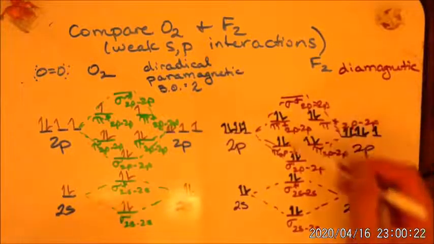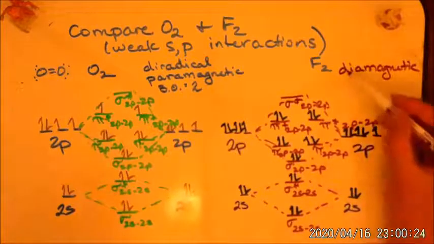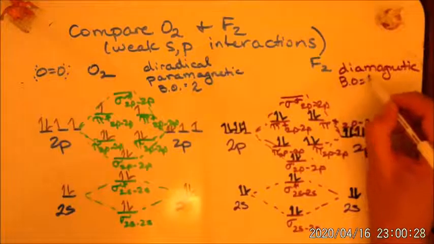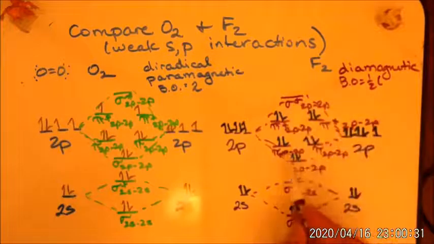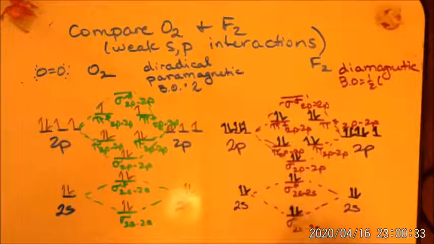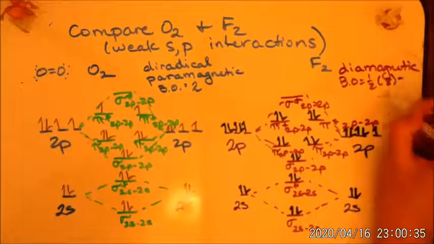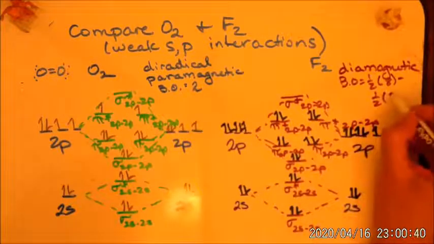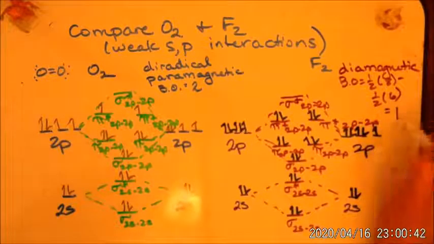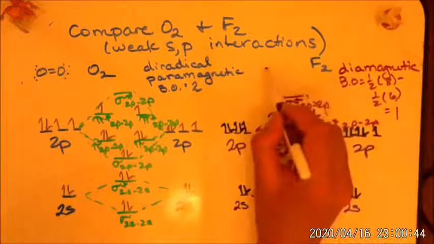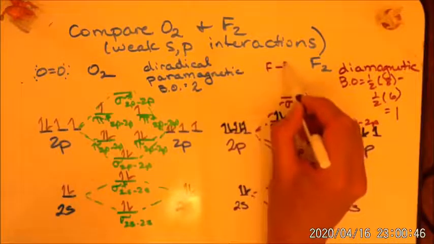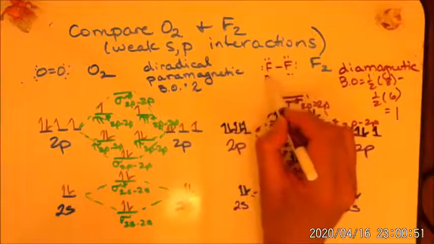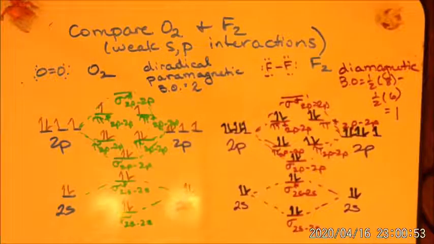All my electrons are paired up, diamagnetic, and not only that, but the bond order is 1/2 of 1, 2, 3, 4, 5, 6, 7, 8, minus 1/2 of 1, 2, 3, 4, 5, 6. That gives me a bond order of 1. And that makes sense because when we draw fluorine, don't we always draw fluorine with a single bond?